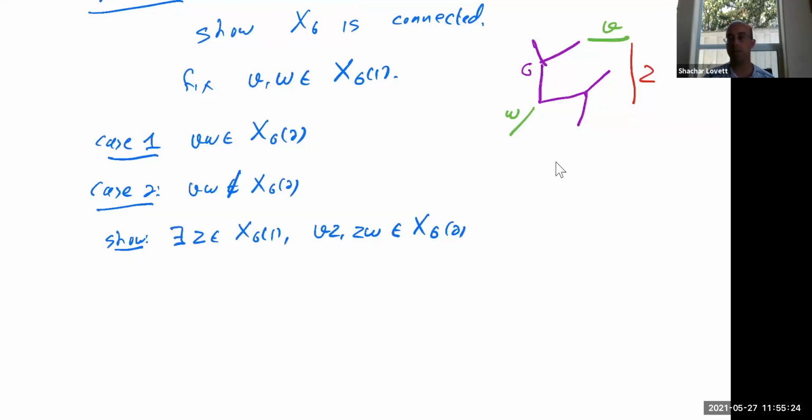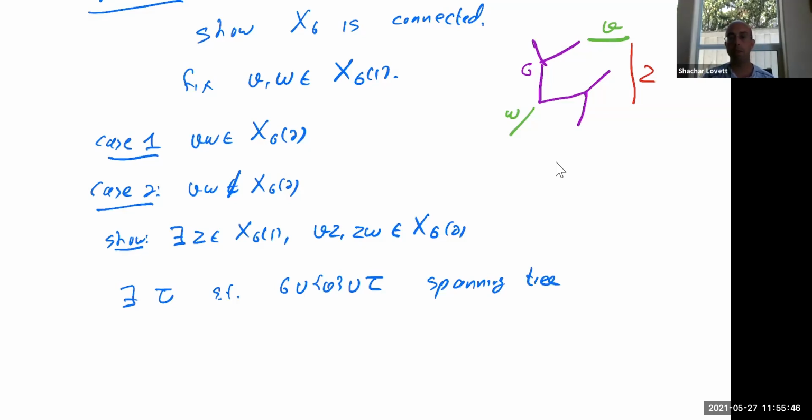We can add V to it, and we don't get cycles. So I claim that there exists some, let's call it tau, such that sigma union V union tau is a spanning tree. Let's just keep adding edges until we get to a spanning tree.